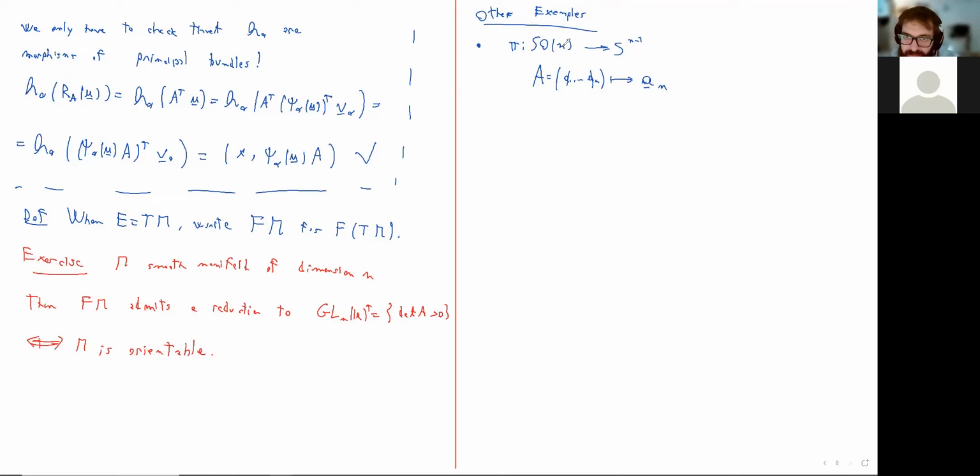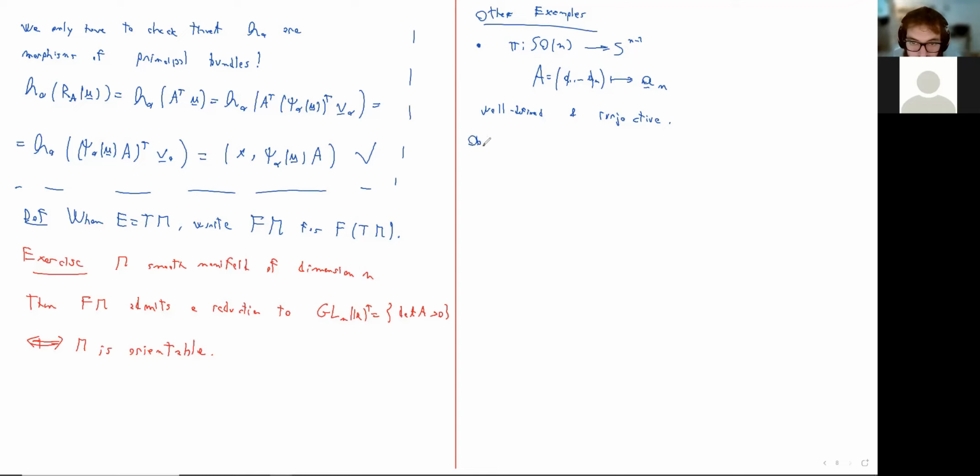These are just vectors in Rn, each with norm 1, so in particular they lie in this sphere. So it's well defined, and surjective, simply because I take a point here and then complete it to an orthonormal basis, for instance using Gram-Schmidt.